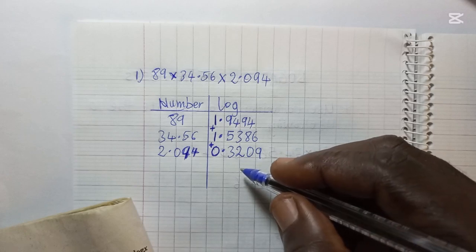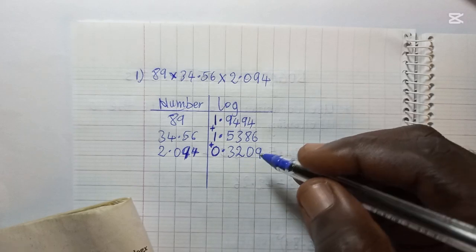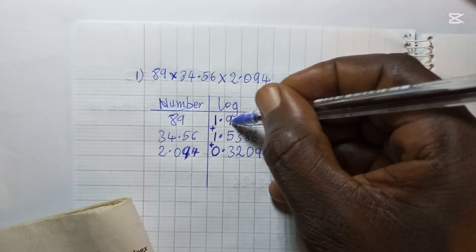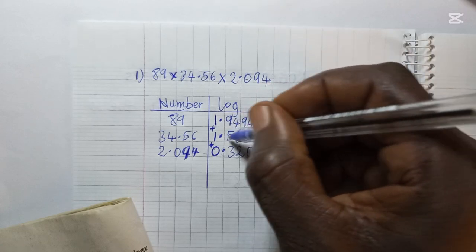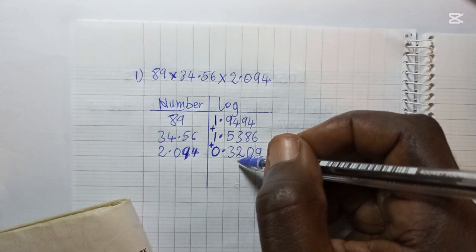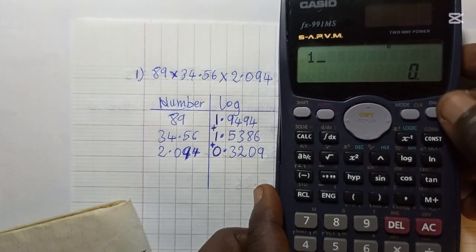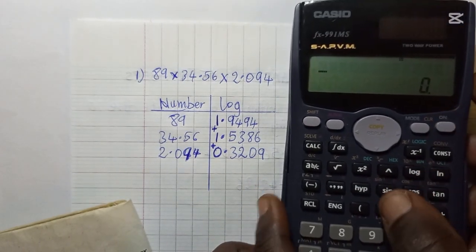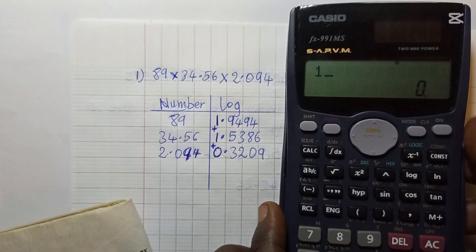So now we're going to add all of them together, because the law of logarithm says that when you are multiplying numbers, we add their logarithms. So we're going to add these 3 numbers together. Follow me step by step.